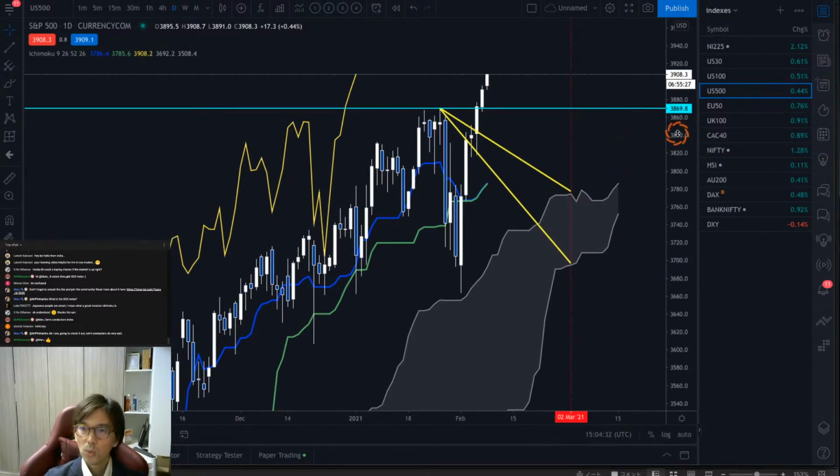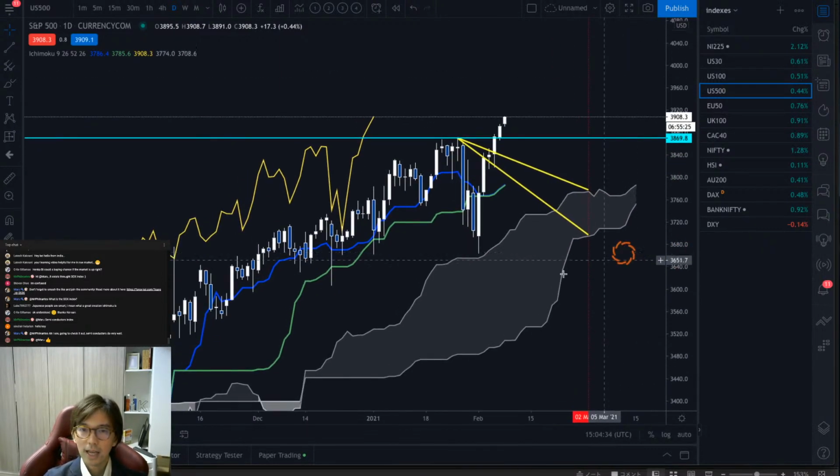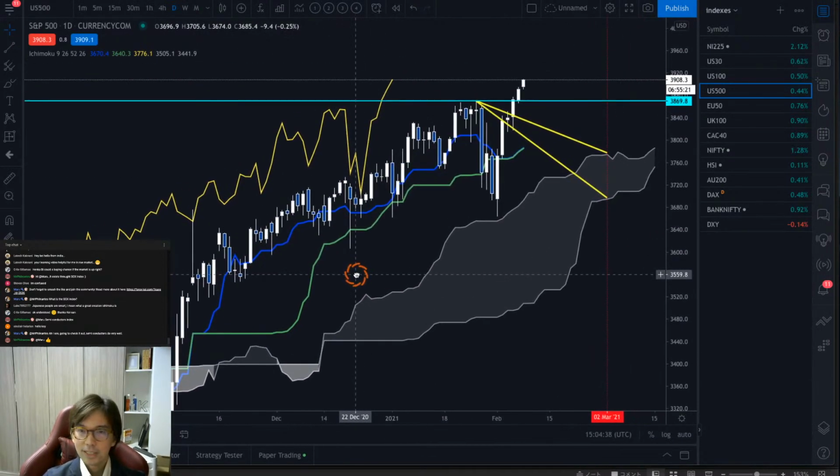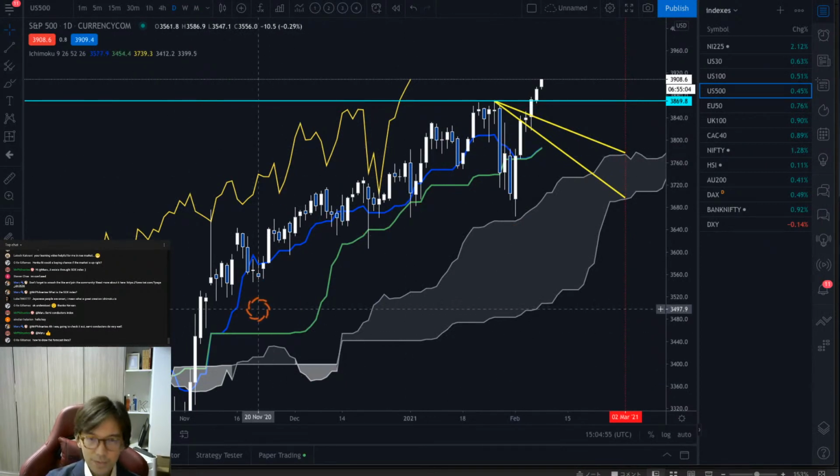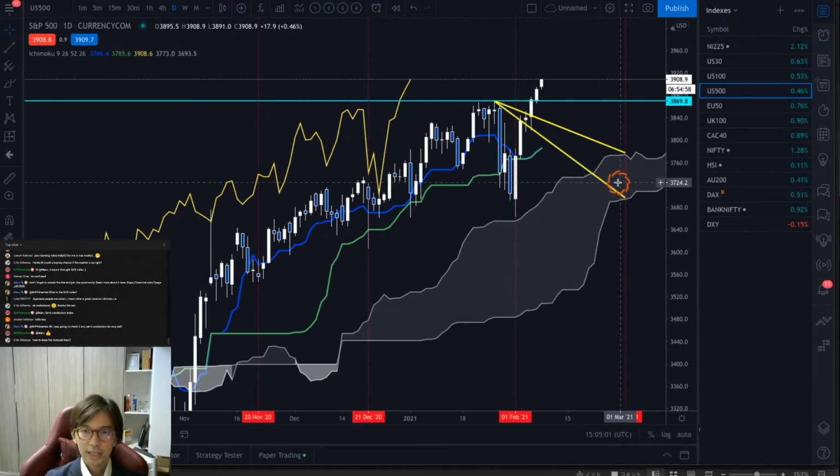Let's see. So on this one, let's also check time cycle. I haven't marked any time cycles in this case, but I look for swing lows and swing highs, and I check the number of candles in between. So in this uptrend, I see the lows are on these ones. These are the significant lows as it goes upwards this way.